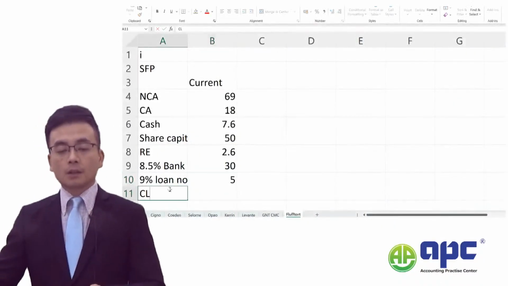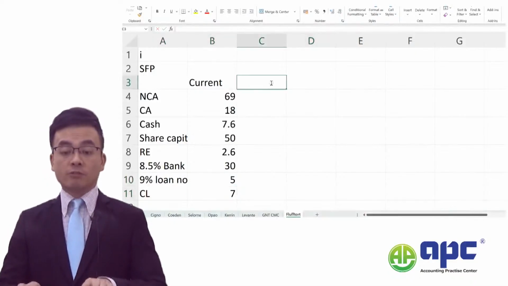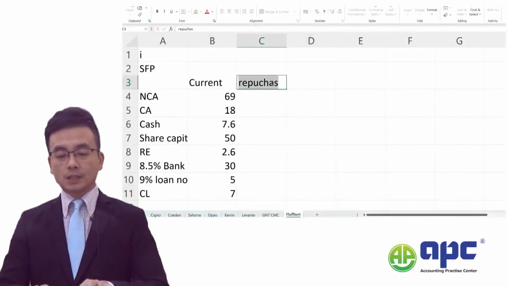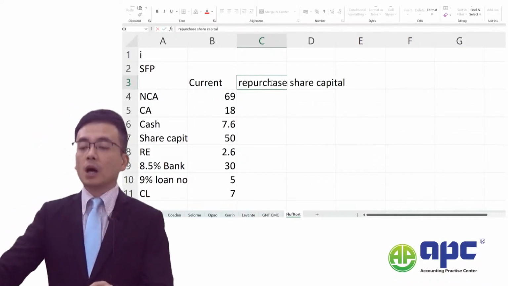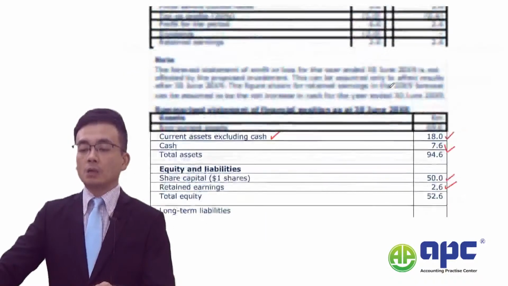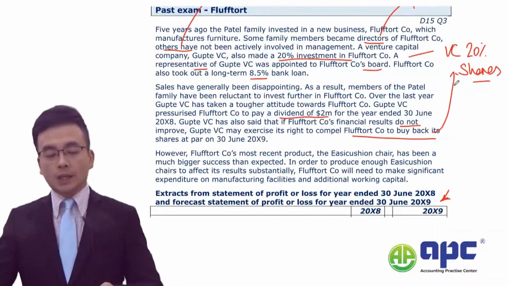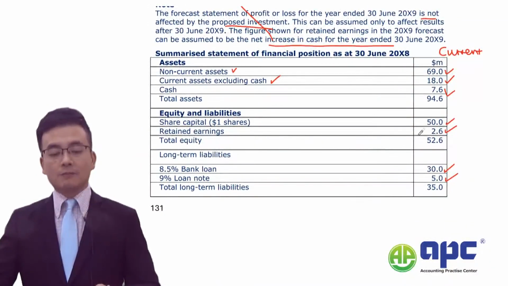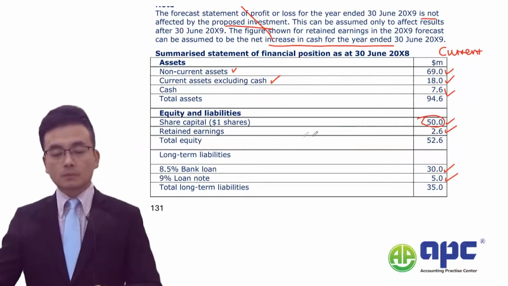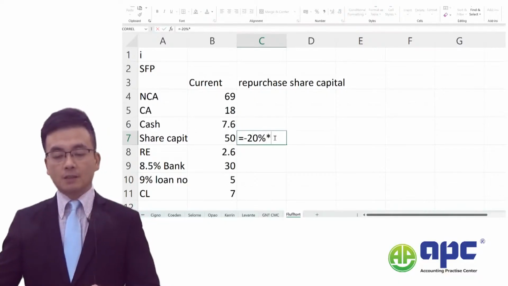Now, the first one is when we repurchase the share capital back. And we know that the VC holds 20% of the shares. That's why if we cancel 20% out of that 50, that equals minus 20% times 50 of the share capital.